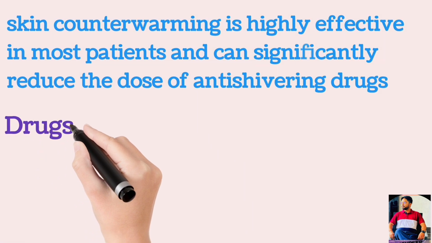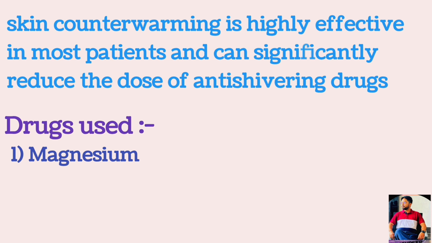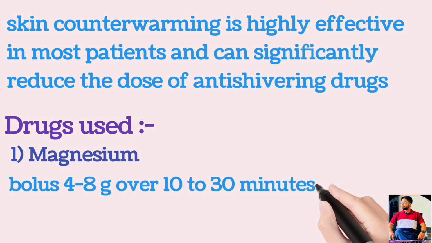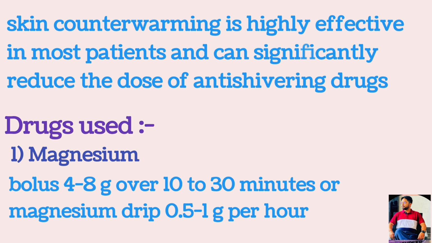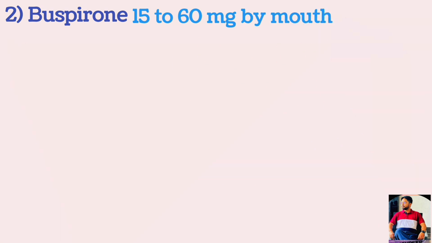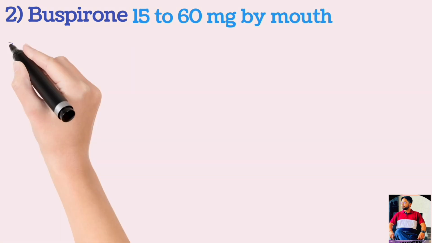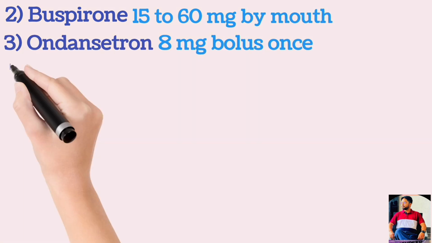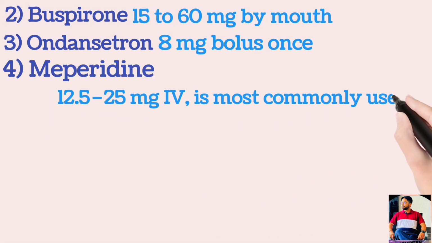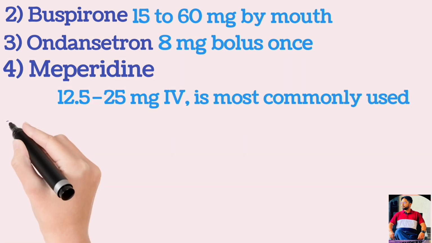The drugs used are magnesium, bolus 4 to 8 gram over 10 to 30 minutes, or a magnesium drip can be used as 0.5 to 1 gram per hour; buspirone 15 to 60 mg by mouth; ondansetron 8 mg bolus given once; meperidine. This is the most commonly used drug for the prevention of postoperative shivering.